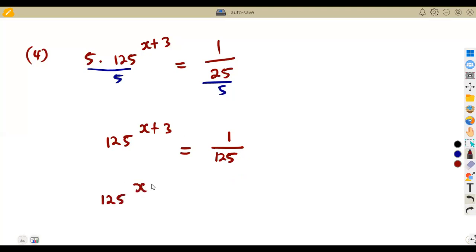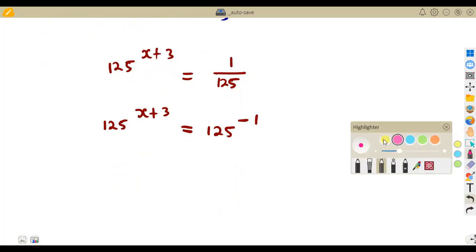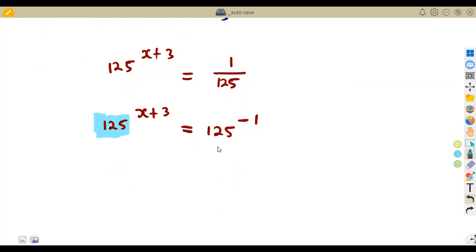125 to the exponent of x plus 3 must be equal. Remember, I talked about 1 over: that means that number to the exponent of a negative 1. So instead of me changing this to the base of 5, I can see that these two are the same here, 125. This is the situation that I was always looking for.